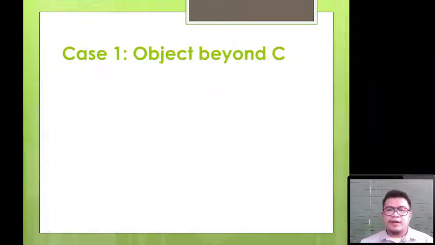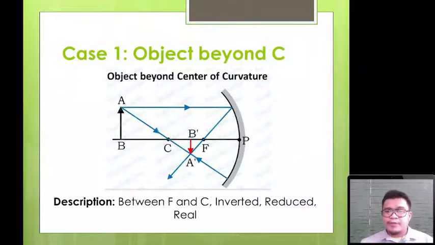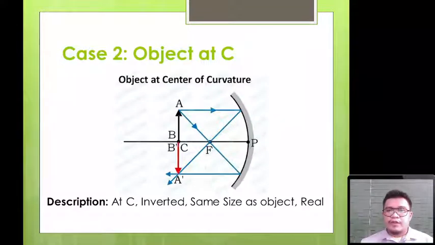Okay? Now, for case 1, object beyond C, this is how it looks like. The description is between F and C, inverted, reduced, and real. Okay? Now, for case 2, object at C, the image is also at C or at center of curvature.